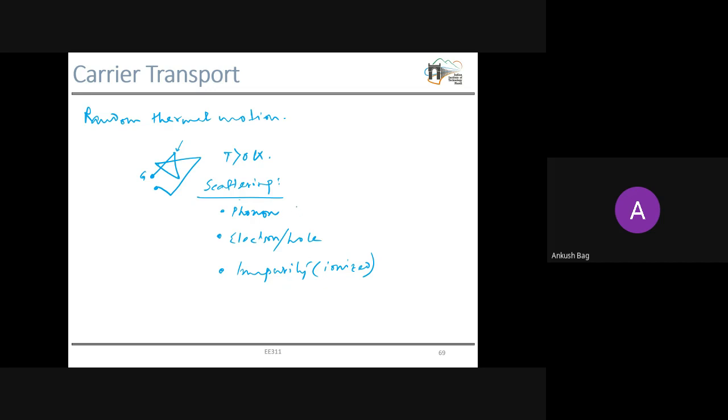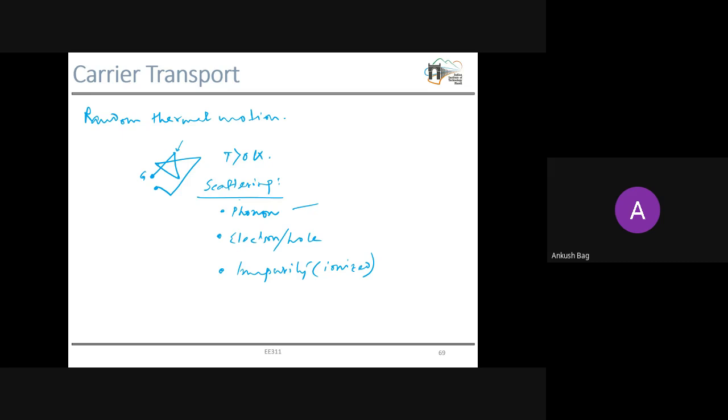Now what is phonon? Phonon is nothing but the vibrating atoms. Why does this phonon come, and why are these atoms vibrating? You know that all the atoms are properly arranged in a crystal form in a particular semiconductor.